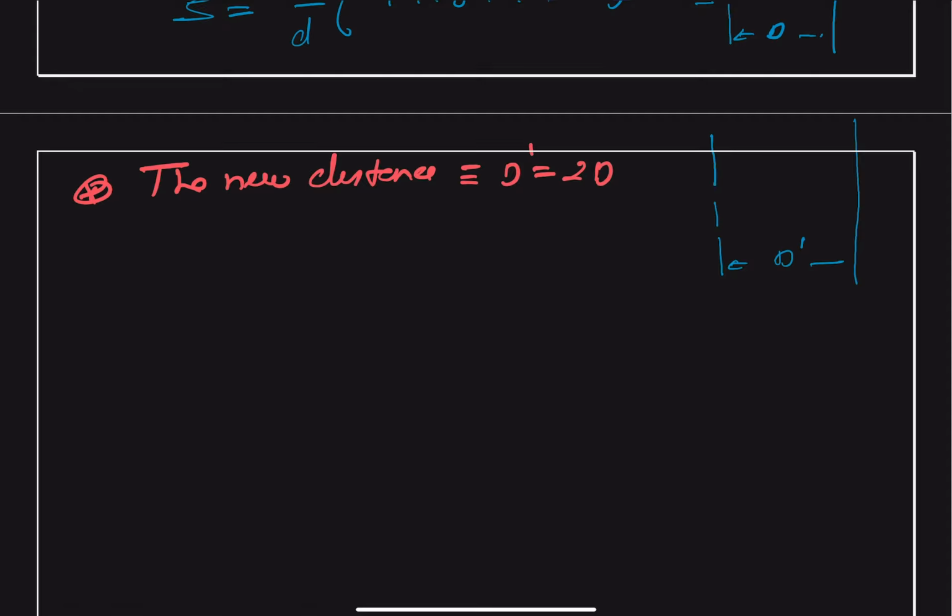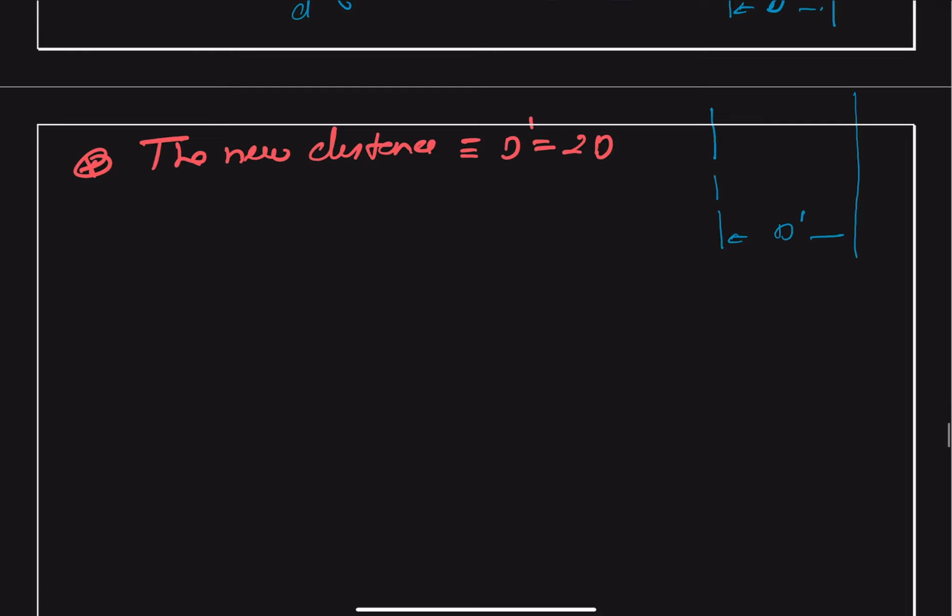So D prime will be equal to 2D, and because of this we can write that the new fringe width, that is our beta prime, will be equal to D prime lambda upon small d. This small d is the same, and we substitute D prime, which gives 2D lambda upon small d.